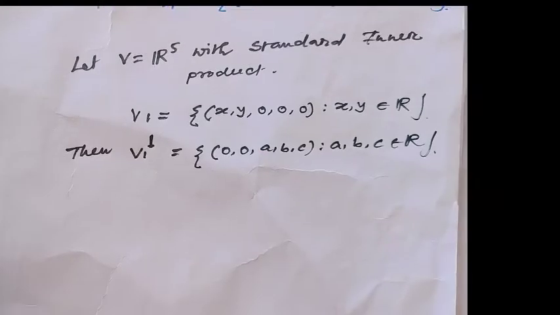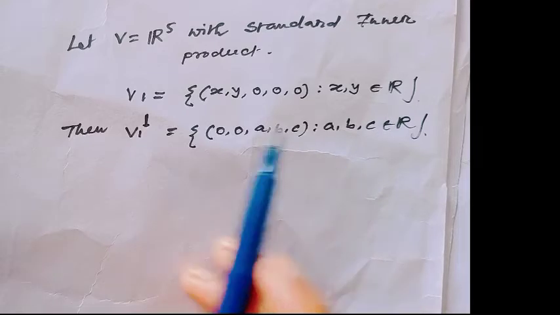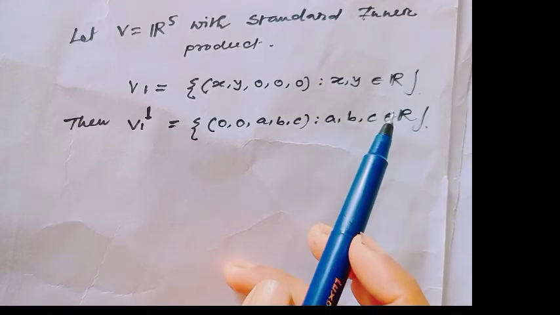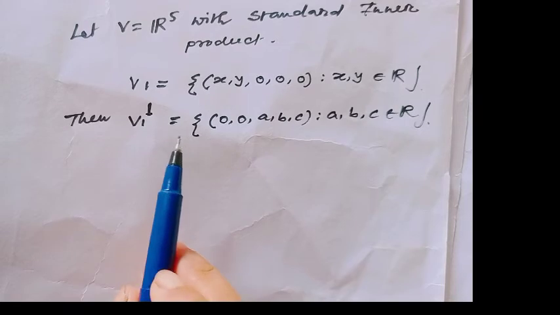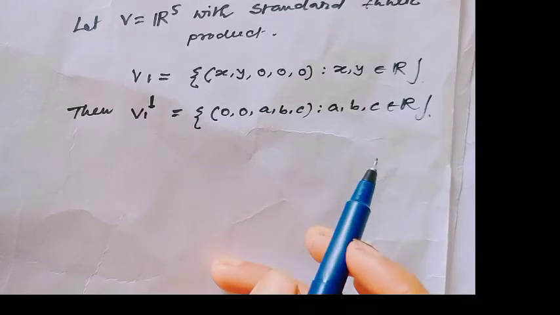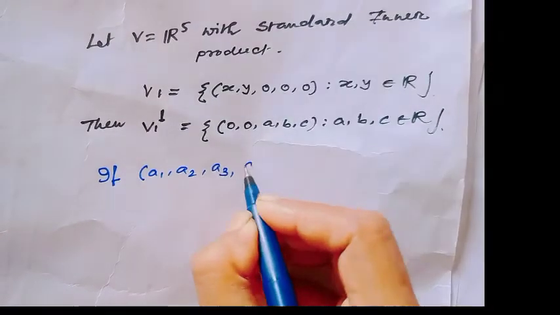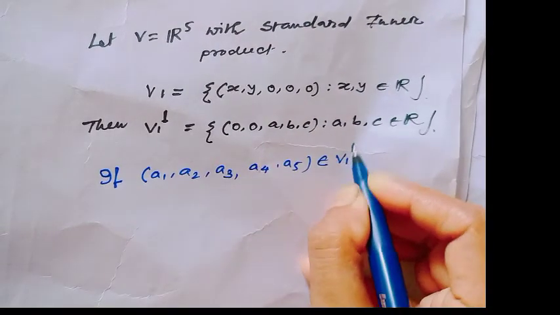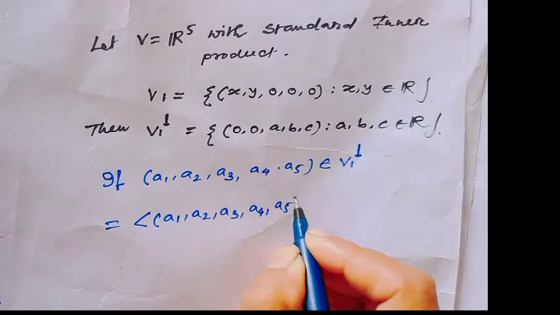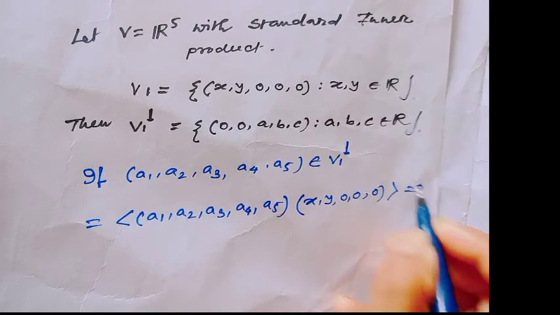Well, as an example, see the previous example: V equal to R^5 with the standard inner product, and consider the subspace V1 equal to (x, y, 0, 0, 0) where x, y belong to R. Then V1 perp, the orthogonal complement of V1, would be the set of those vectors which look like (0, 0, a, b, c) where a, b, c belong to R. The proof is as follows: if (a1, a2, a3, a4, a5) belongs to V1 perp, that means the inner product of (a1, a2, a3, a4, a5) with (x, y, 0, 0, 0) equals 0.